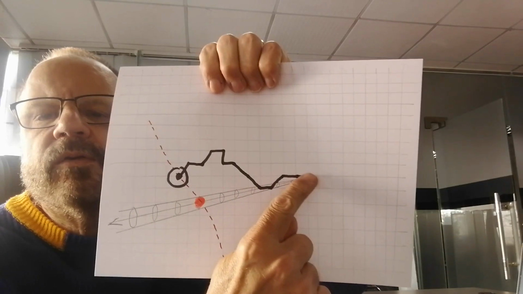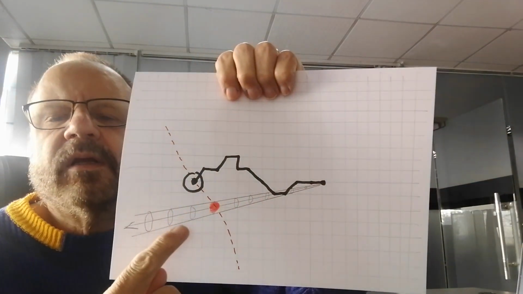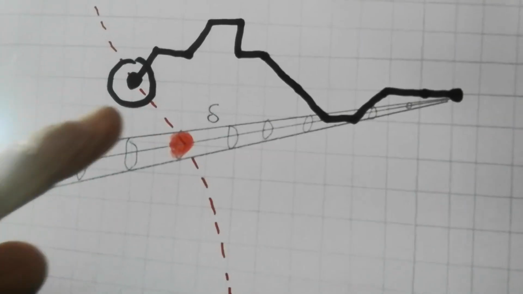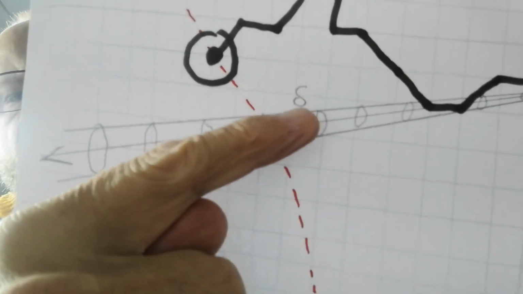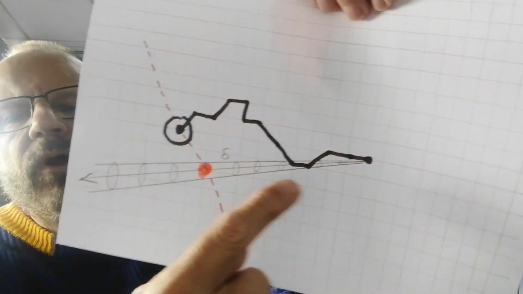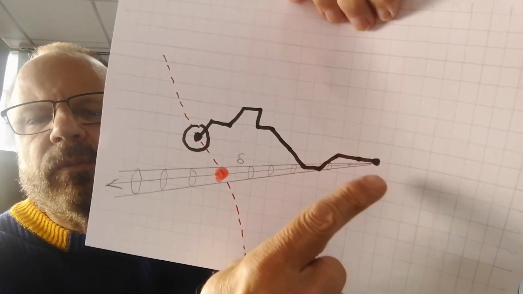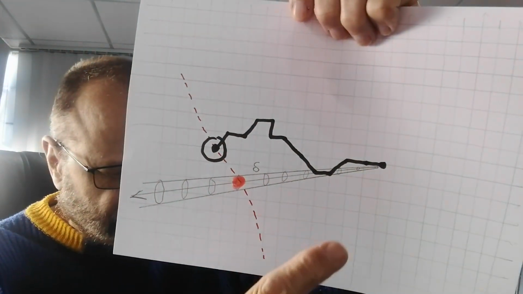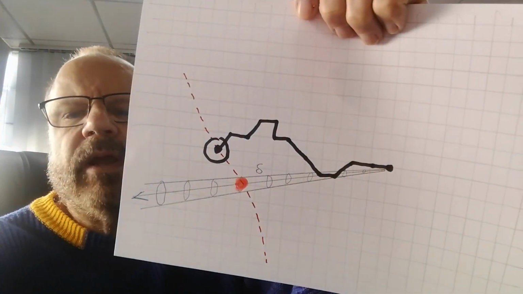So now you can see I generated a cone. The further you go, the greater the deviation. Deviation is known as delta, and I'll draw it here on the drawing, okay? That's delta, small, okay? And as you can tell, the further away from your present point of reference, the greater the delta occurs.